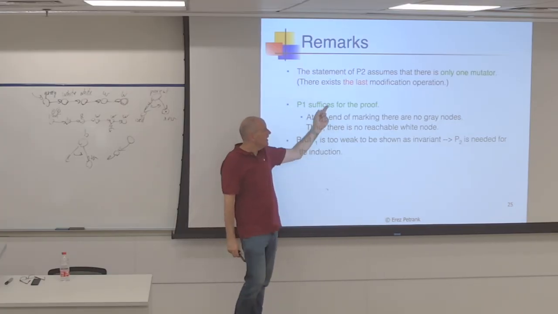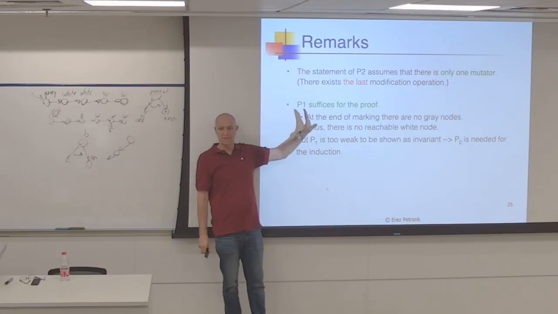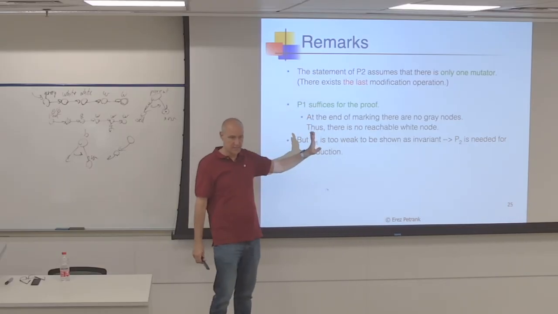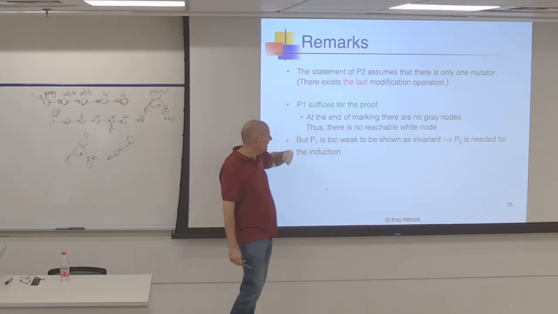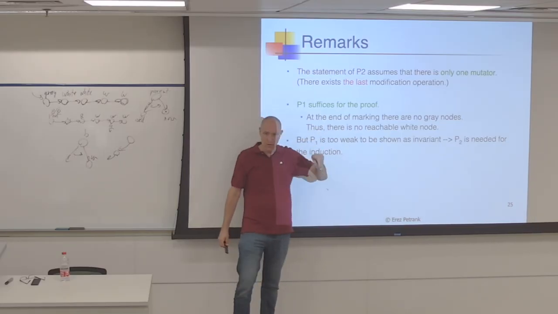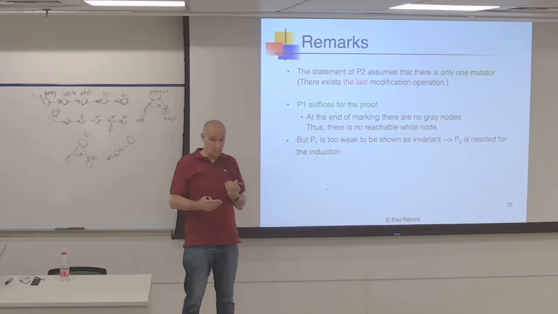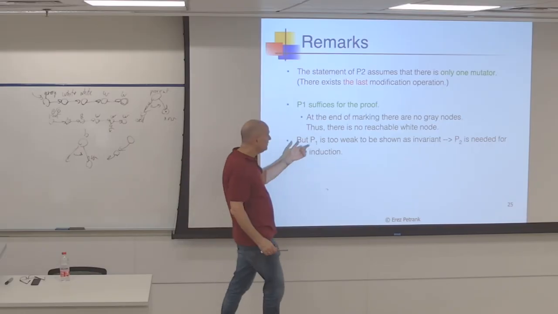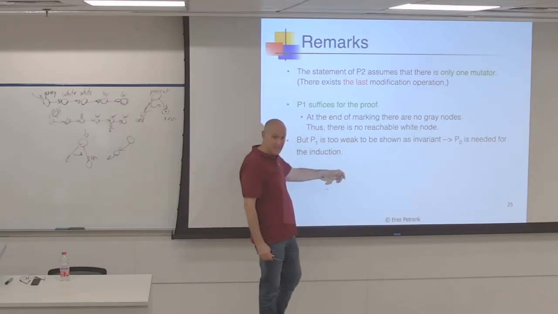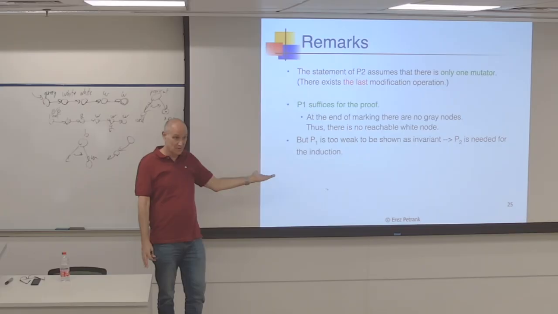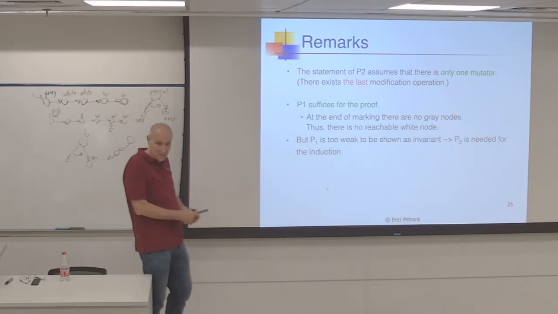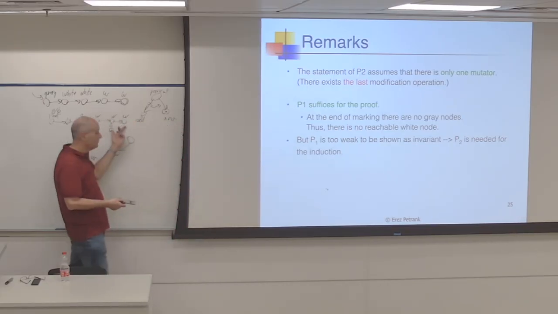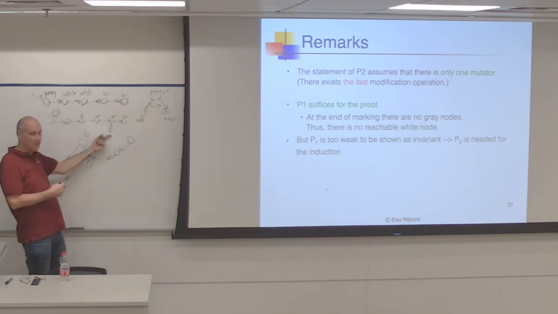And also, I want to say that P1 is enough to show that the tracing is good. So why is it enough? At the end of the marking, there are no gray nodes. This is how marking ends. So if there are no gray nodes, there couldn't be any reachable white node. Why not? Because if there is a reachable white node, then there is a propagation path, and then there is a gray node.